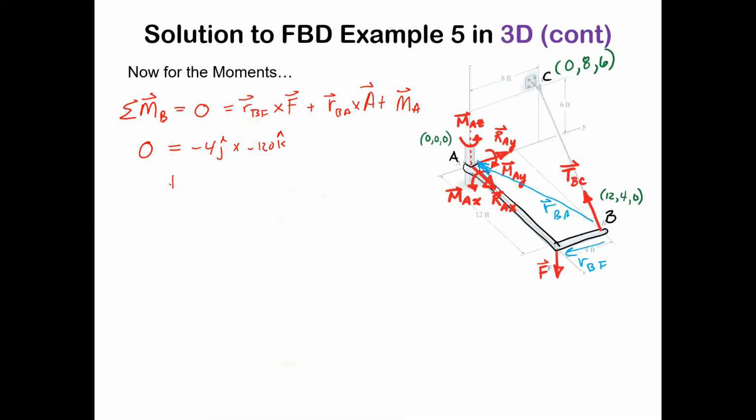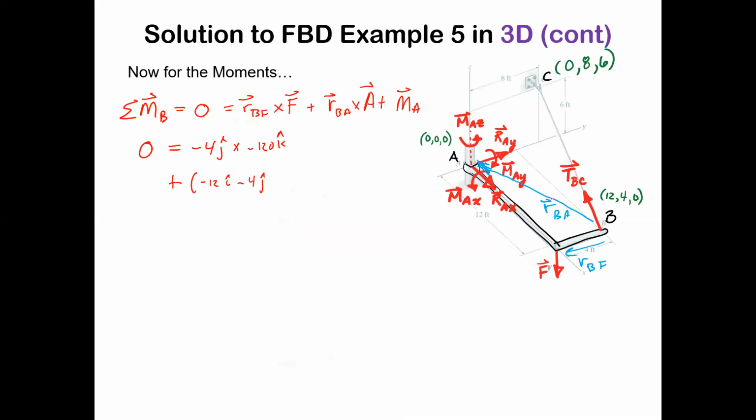And then to that, we're going to do RBA cross RA. And RBA is going to be minus 12 in X, so that's minus 12I, and minus 4 in Y, minus 4J.